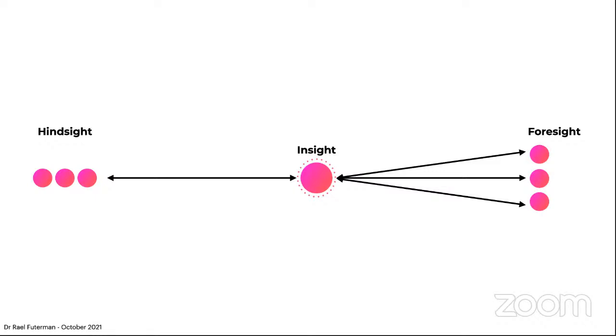Foresight is a field on its own, and that's a whole masterclass and a whole course on its own. But through, for example, scenario thinking, what are these 3 scenarios that could happen in the future? How do I work backwards from that? And how does that inform my thinking today?